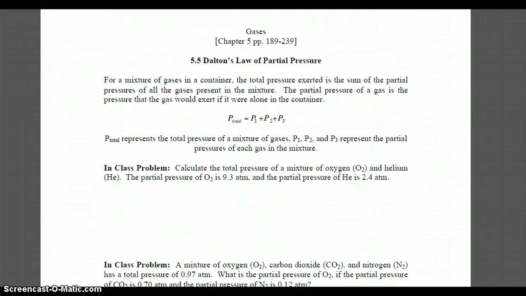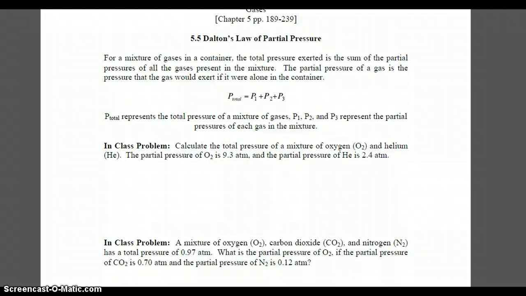Okay, so this is really a simple idea here. The idea is that in order to figure out the total pressure of a combination of gases, you just need to add together the partial pressures of each gas individually. Okay, so that equation is just represented here by P total, or pressure total, equals the pressure of one individual gas plus the pressure of another plus the pressure of another.